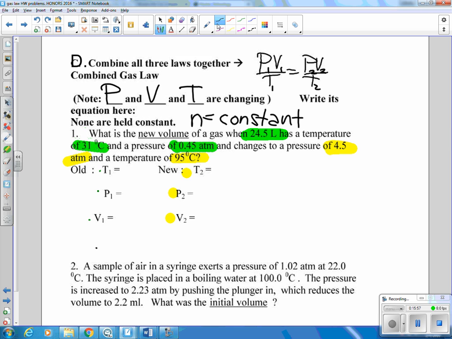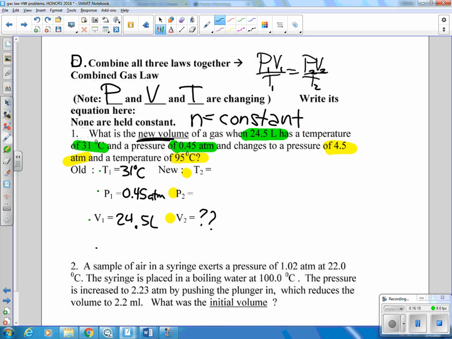We've got a temperature of 31 degrees, a pressure of 0.45 atm, and a volume of 24.5 liters. Then as we go to the new conditions, they're asking for the new volume. That's what we don't know.